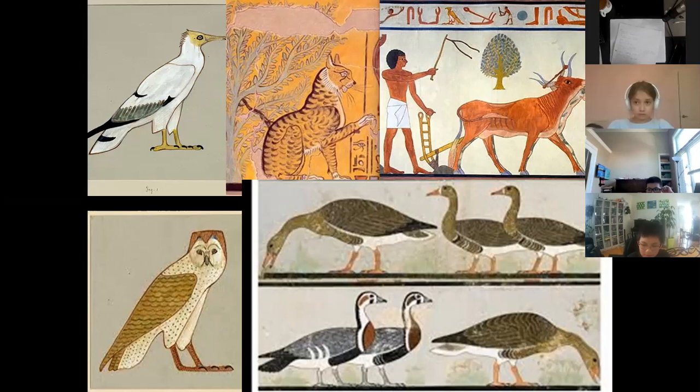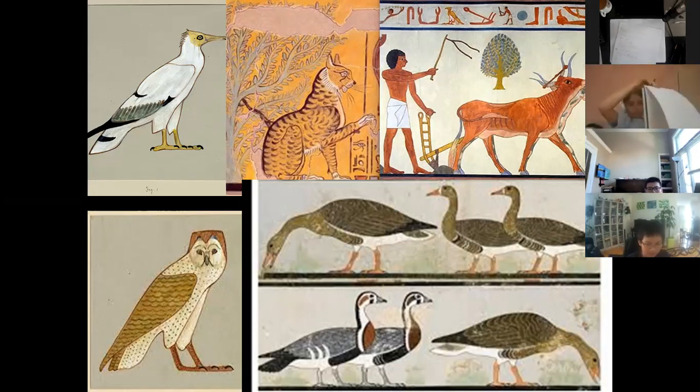Okay, so please use the method that we have learned to pick one bird and one animal, and finish two drawings today. So please pick one bird and one animal.